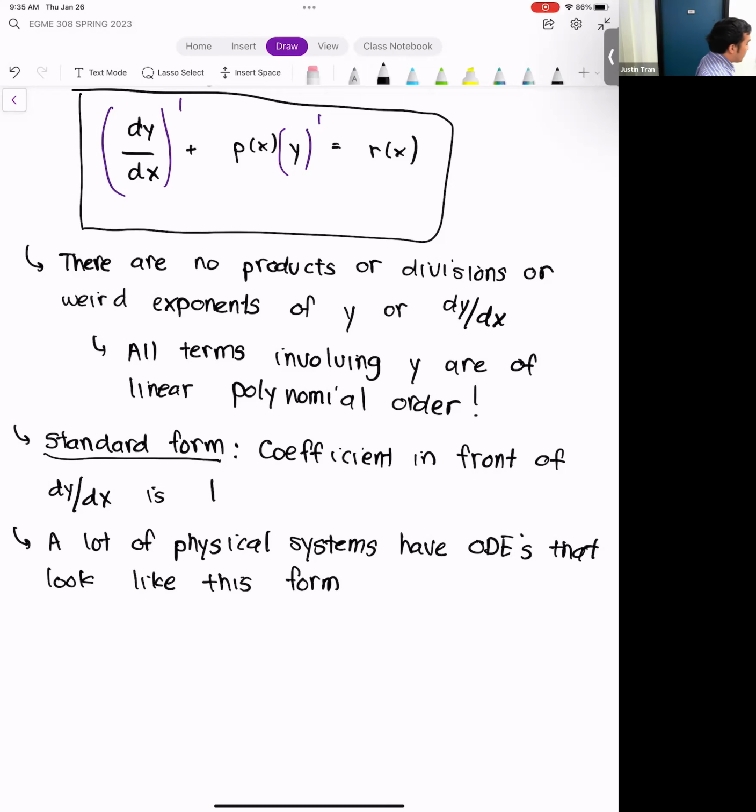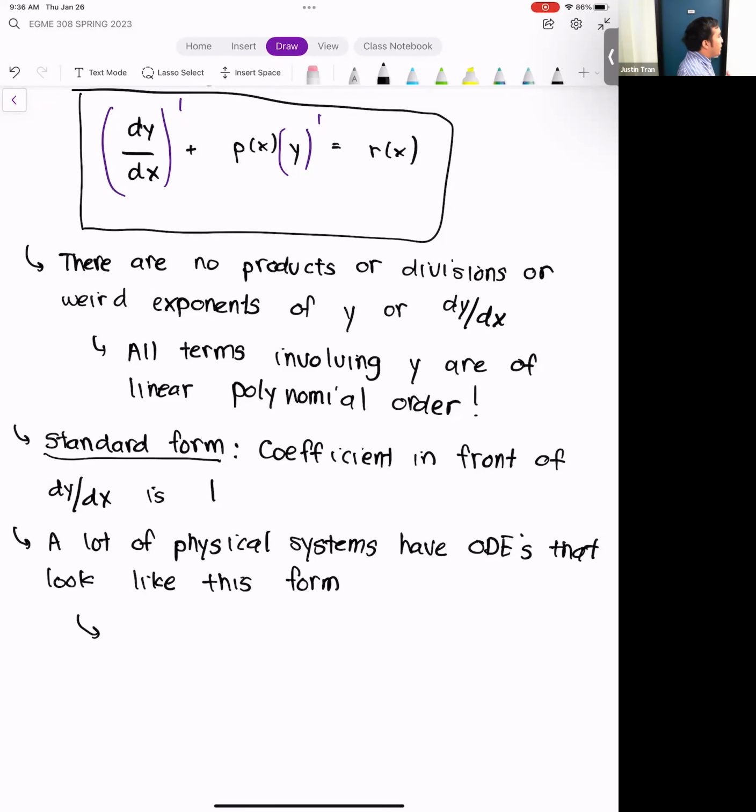Even next week, when we get into second order differential equations, they're going to follow a similar form as well. And so sometimes, when you look at some applied math or engineering math texts, they might refer to some of these specific terms with names that you may not be familiar with.